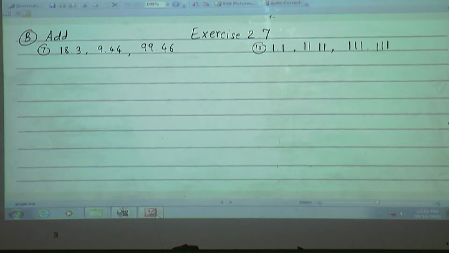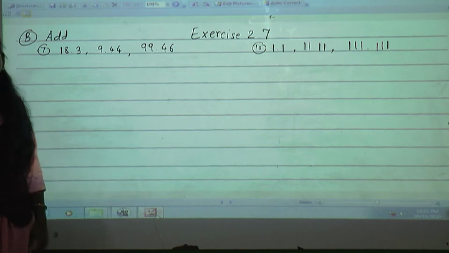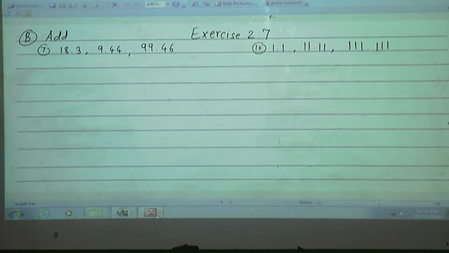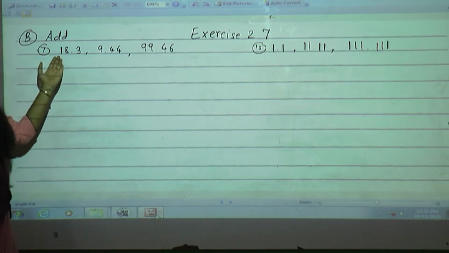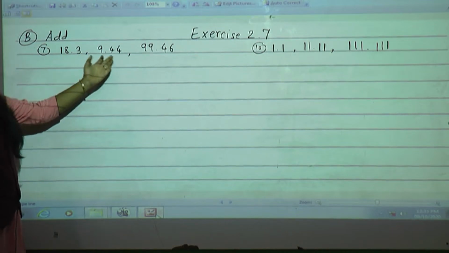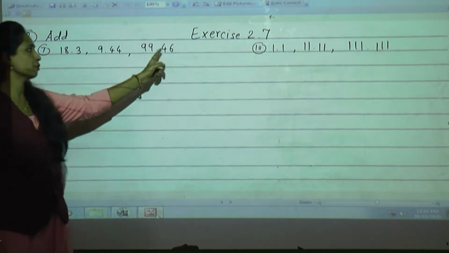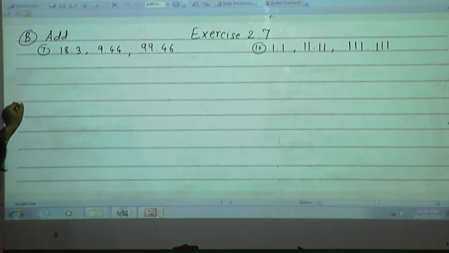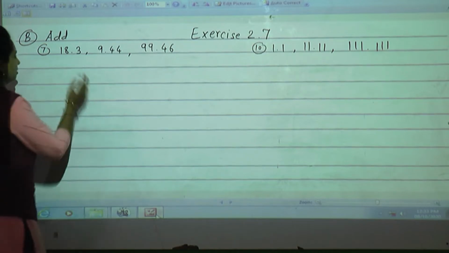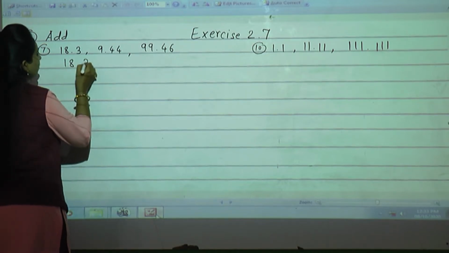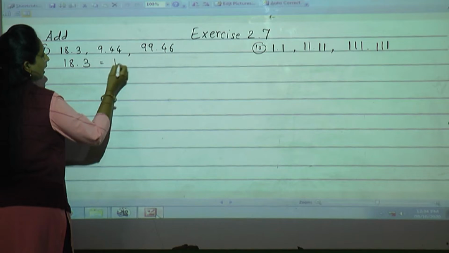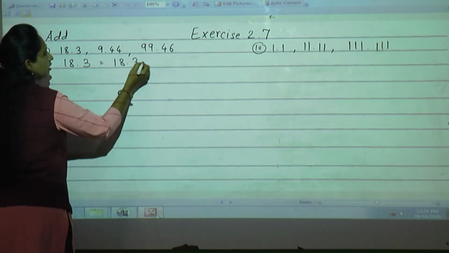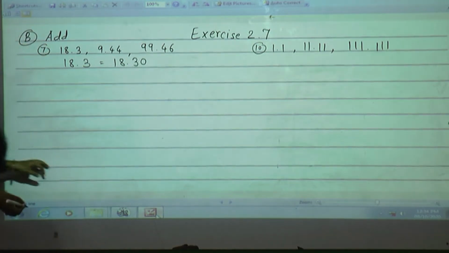So don't forget. Now see whether all the numbers are like decimals, students. Yes, see in this question 18.3, 9.44, 99.46. Here 1 digit, 2 digits, 2 digits after the decimal. Now we have to convert this 1 decimal place into 2 decimal places. So 18.3 means 18.30, isn't it?